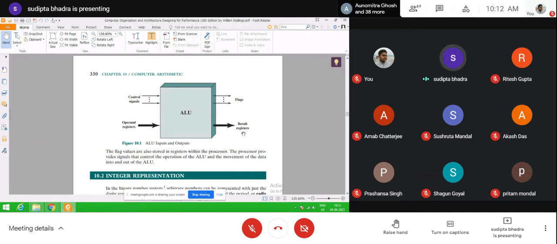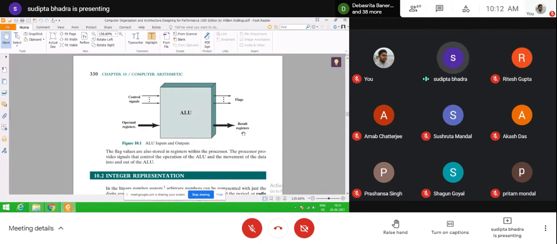The addition must be performed first, and only then does the storing of the result happen. How is this controlled? It is controlled by the control signal from the control unit.